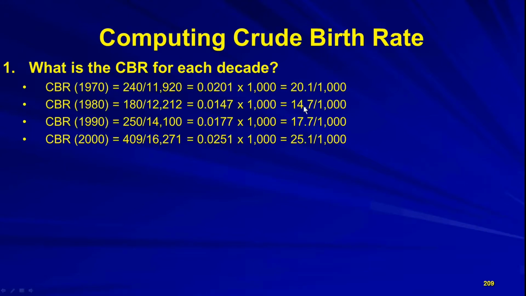Well, it really had to do with the nature of the economy. We didn't have a good economy in the 80s, and so people don't consider that a baby is really a necessity, and that's something that they can put off.